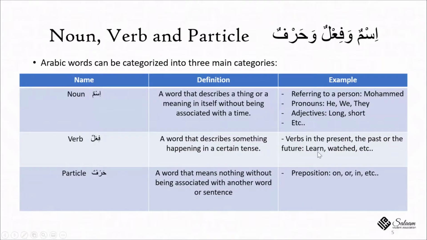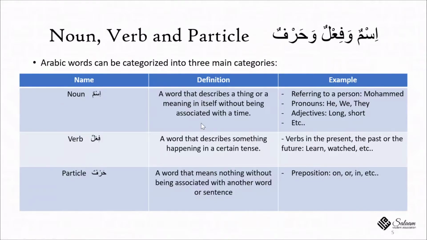So this slide is a definition of this. You don't need to memorize it. Just keep in mind that the Arabic language has three main categories, and any word in Arabic you can find in one of them. Ism is a word that describes a thing or a meaning in itself without being associated with a time.